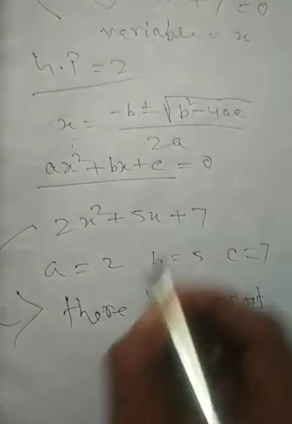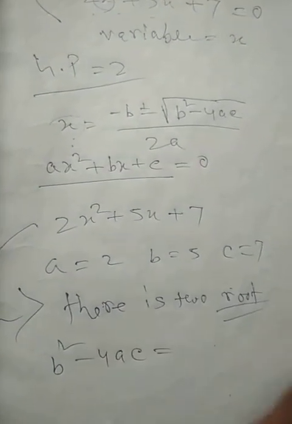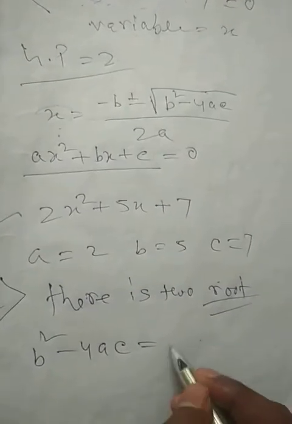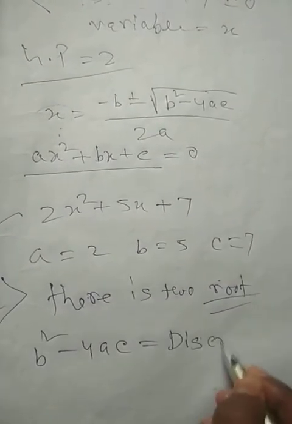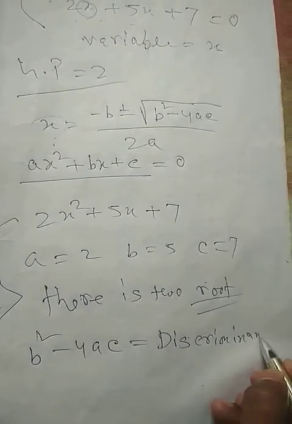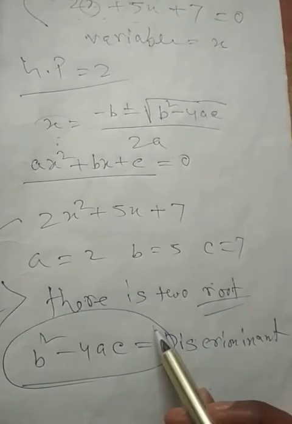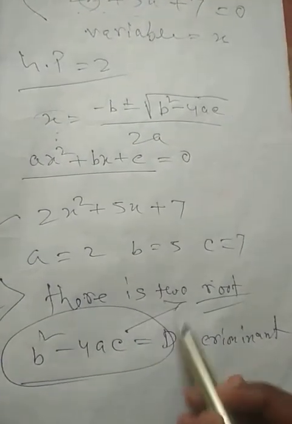Now b square minus 4ac is known as discriminant. This is known as discriminant. This is a very important formula for knowing about the roots.